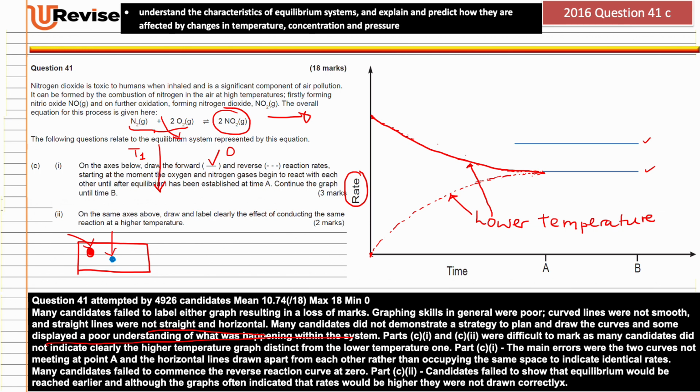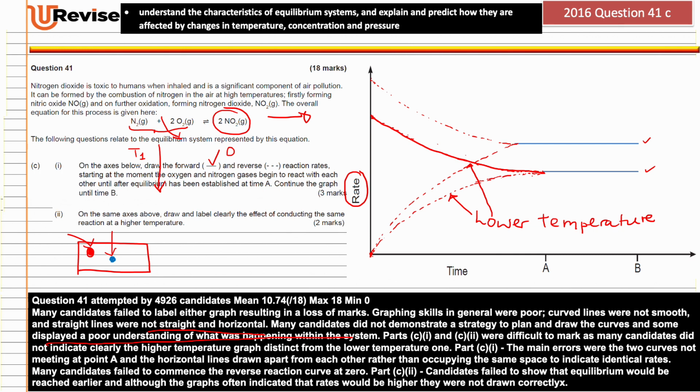Now, I'm going to draw another one for the higher temperature. How do I know where to draw this graph? Because when I increase temperature, I'm going to increase collisions, like I said earlier on in this video. So it's going to be higher, and it is establishing equilibrium earlier on.